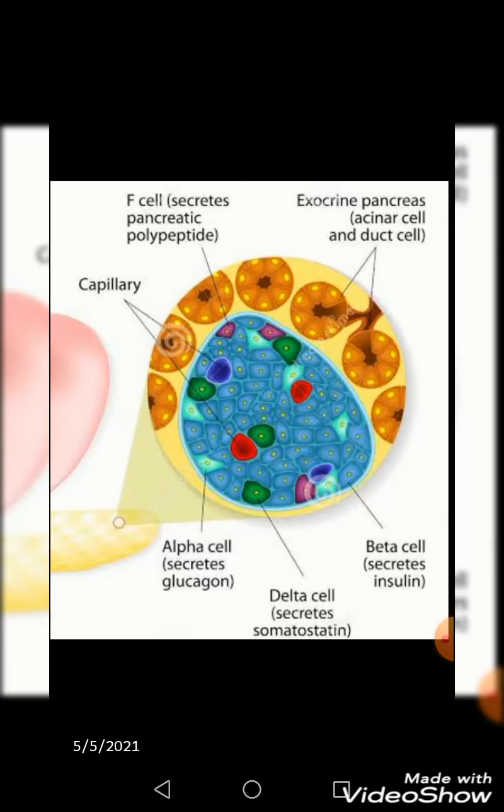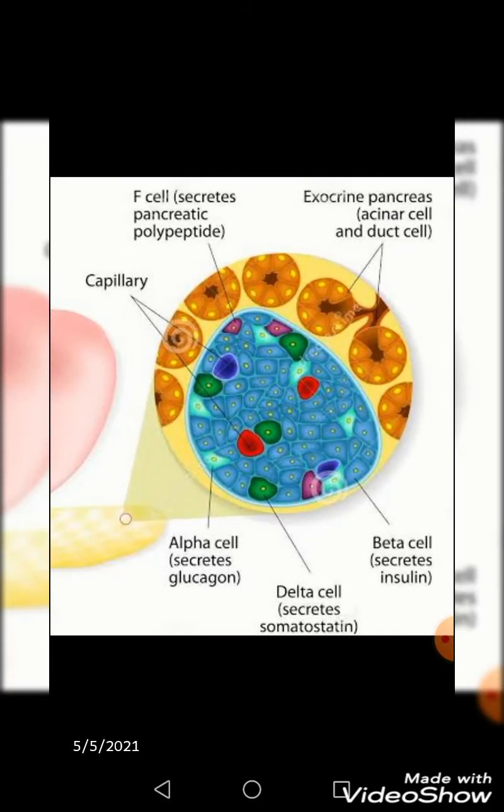And then there are delta cells, which produce somatostatin, and they decrease and inhibit the activity of both the alpha and beta cells. Then you can visualize the F cells, also called pancreatic polypeptide or PP cells. They produce pancreatic polypeptide hormone, which inhibits the production of pancreatic enzymes and alkaline secretion.